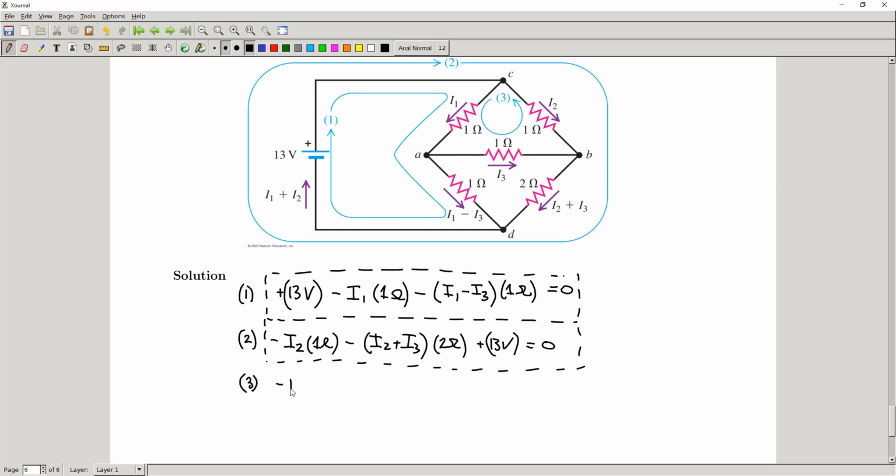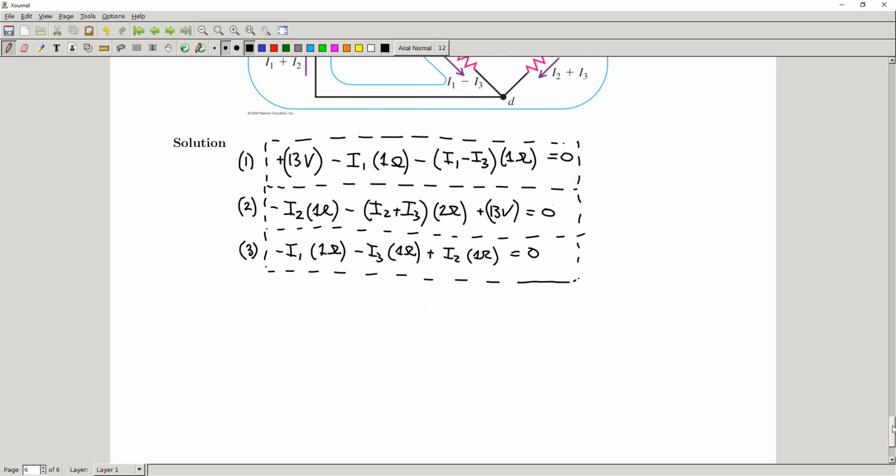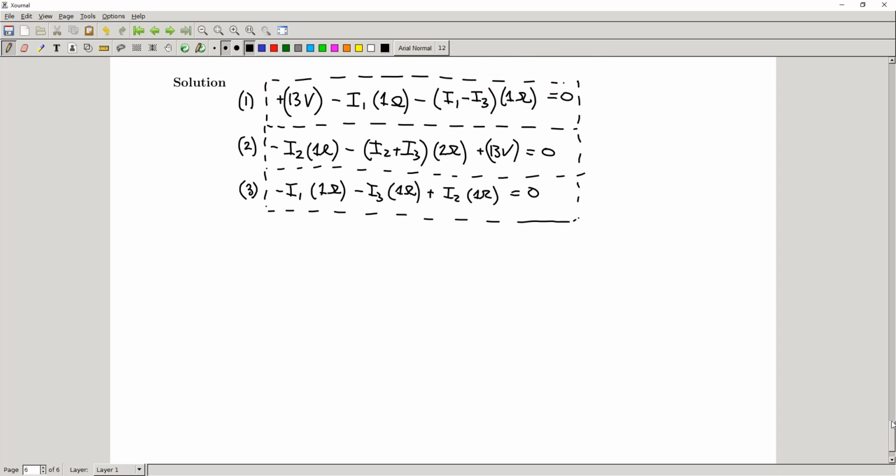So we're going to end up with a minus I1, 1 ohm, minus I3, again 1 ohm, and then here we're going in the opposite direction of our assumed current flow, and so we pick up a plus I2, 1 ohm. This has to also be equal to 0. So 3 equations, 3 unknowns. We have a good chance at being able to solve this, right?